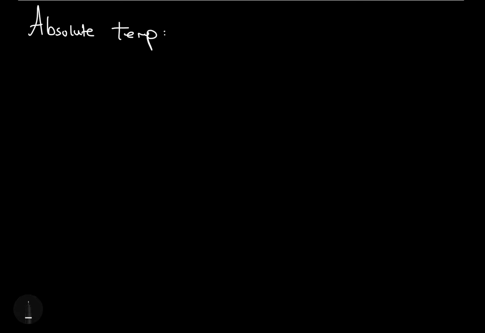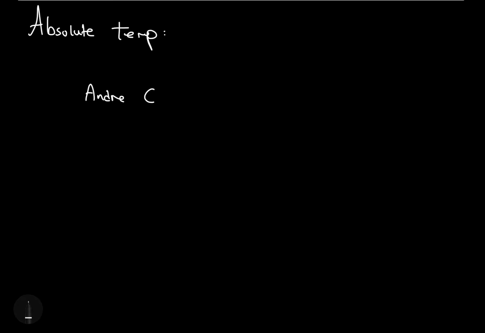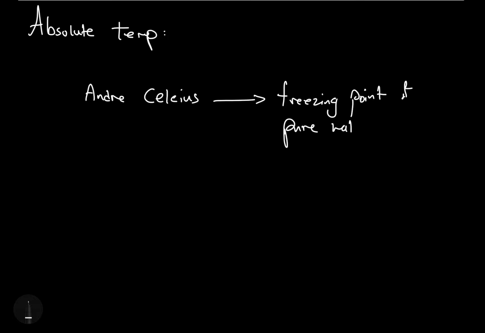Andrew Celsius was not really the first, but he really gave us a very good unit of measuring temperature in thermal physics. Celsius said that the freezing point of pure water is about 0 degrees, of course if there are no impurities in it.